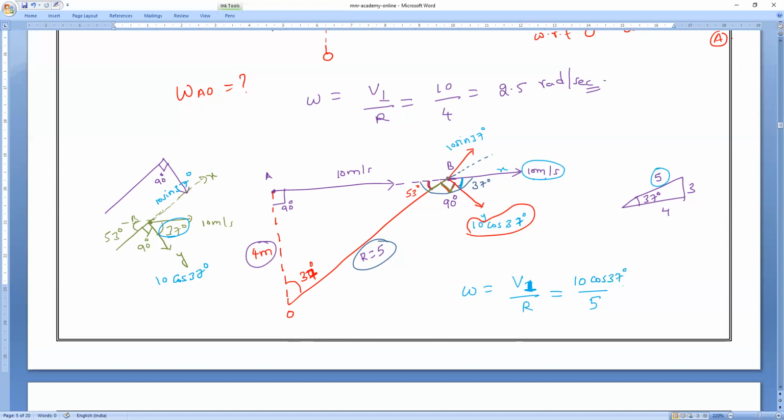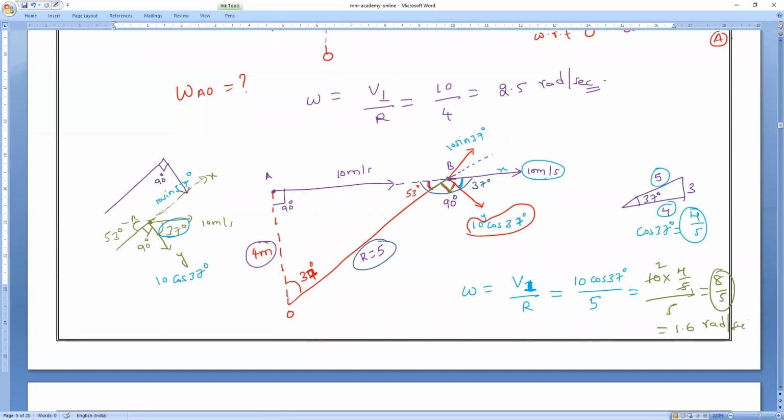The cos 37 value is how much? 4/5. Learn that. I think by this time we have written that value at least 50 times. Am I right or wrong? Every time we are writing. Yes, sir. So 4/5. 5 ones are 5, 5 twos are 10, so divided by 5, which is equal to 8/5. So 8/5 is equal to how much?